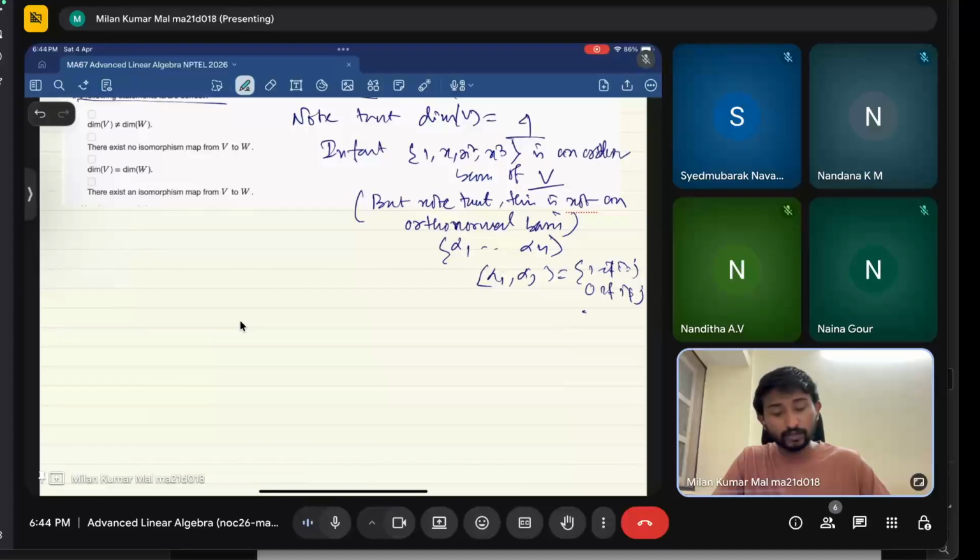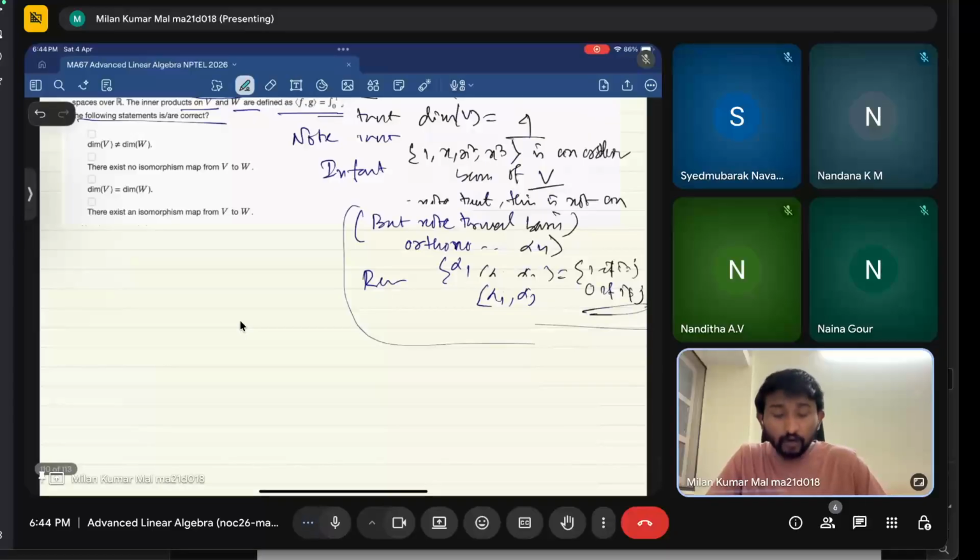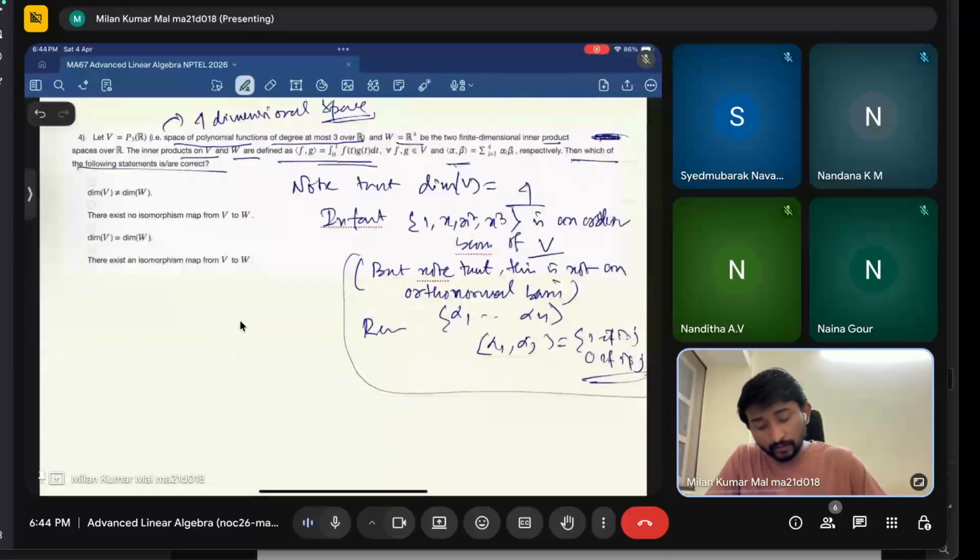This is what an orthonormal basis is. Then which of the following? The first option is incorrect. Dimension of V is 4-dimensional, and W equals R4 over R is also 4-dimensional. There is no confusion, so that's very straightforward.